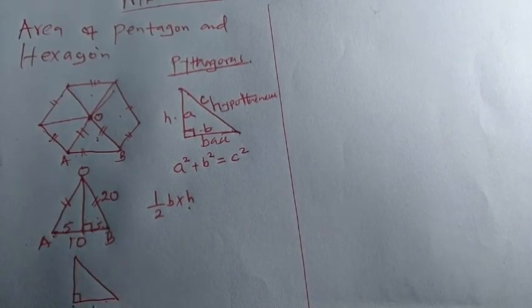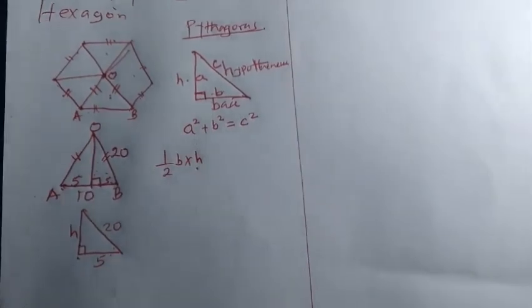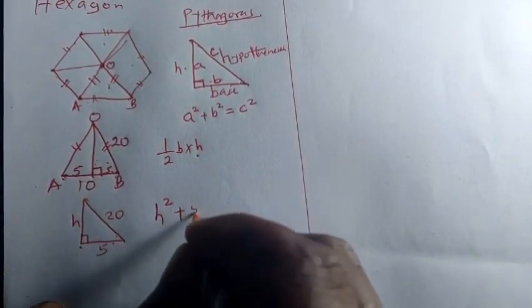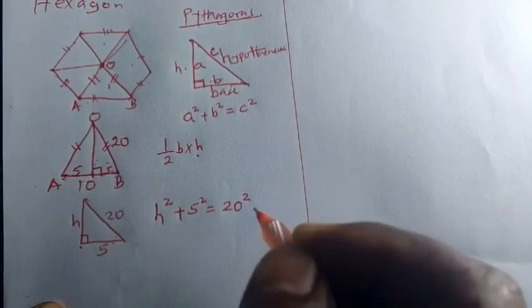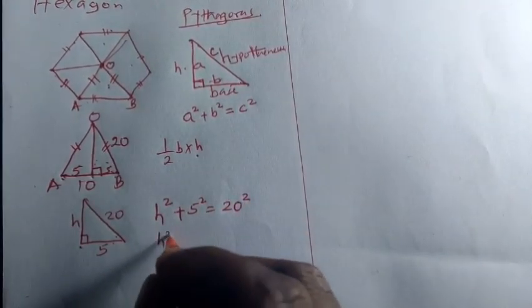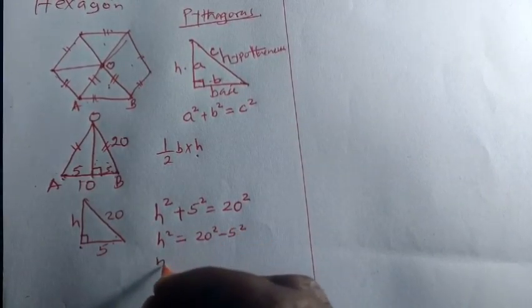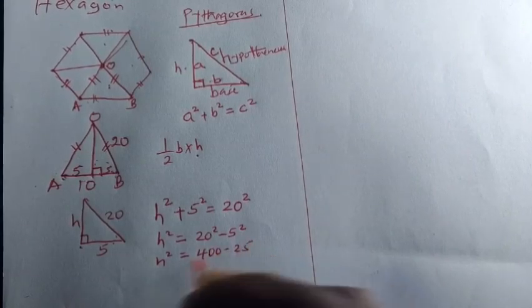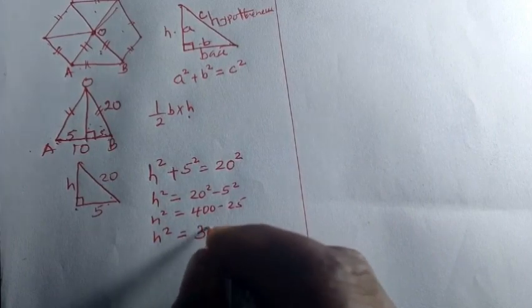From here up to here is 5. From here up to here is 20. So we need h. We know that h squared plus 5 squared will be equal to 20 squared. So h squared will be equal to 20 squared minus 5 squared. h squared equals 400 minus 25. h squared will be equal to 375.